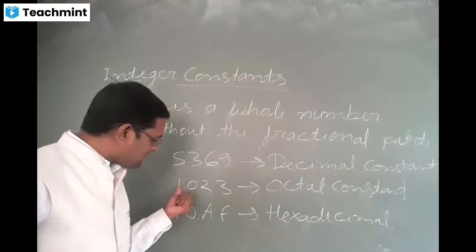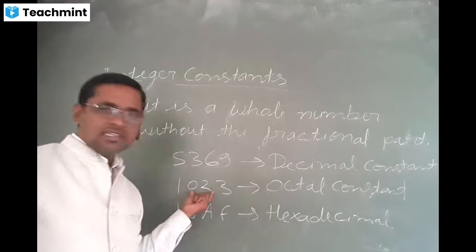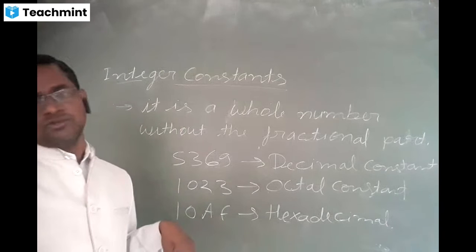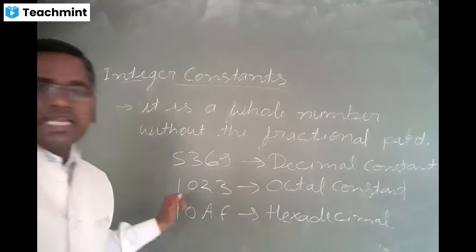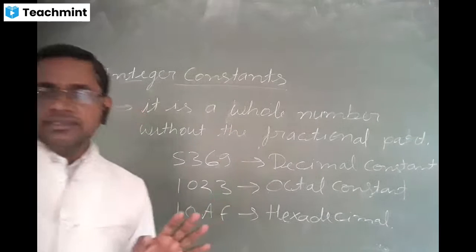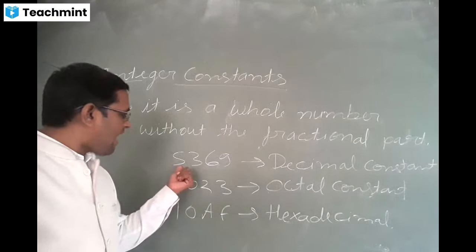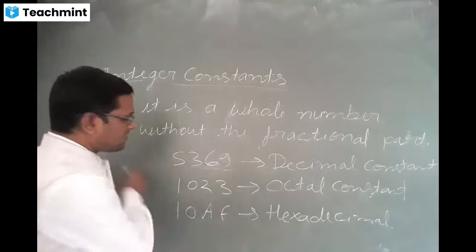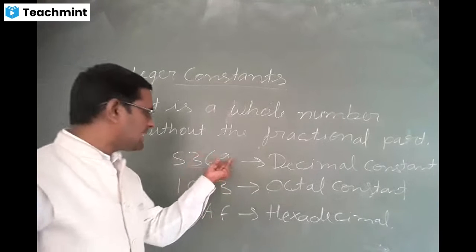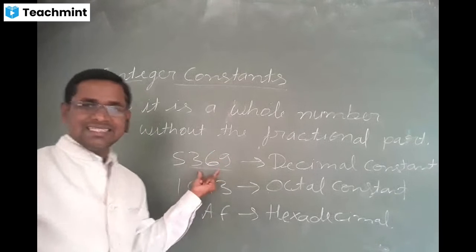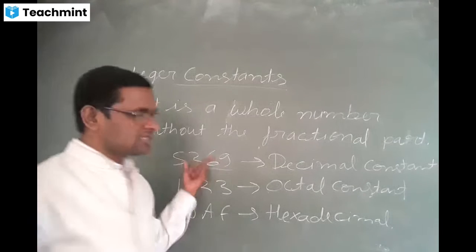The second one, 1023, is an octal constant, but we can use it as a decimal constant also, because 0, 1, 2 and 3 are all allowed in the decimal constant. Another, 5367, is a decimal constant. This is not an octal constant because 9 is there, but it may be a hexadecimal constant.